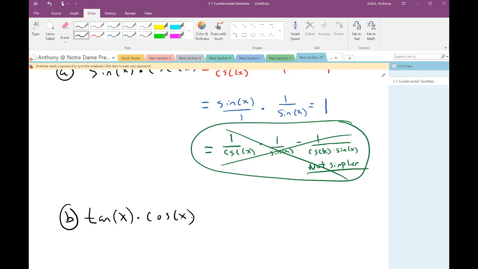Let's say we have the expression tangent x times cosine x. What about this one?